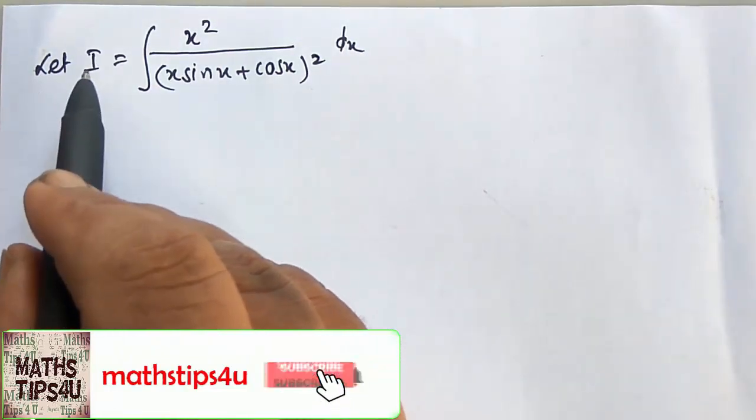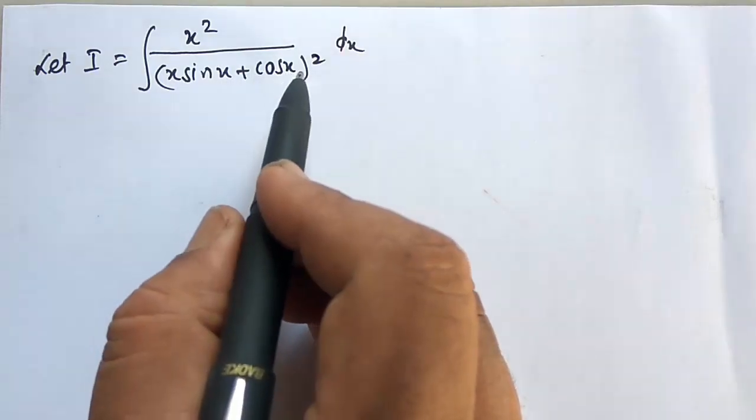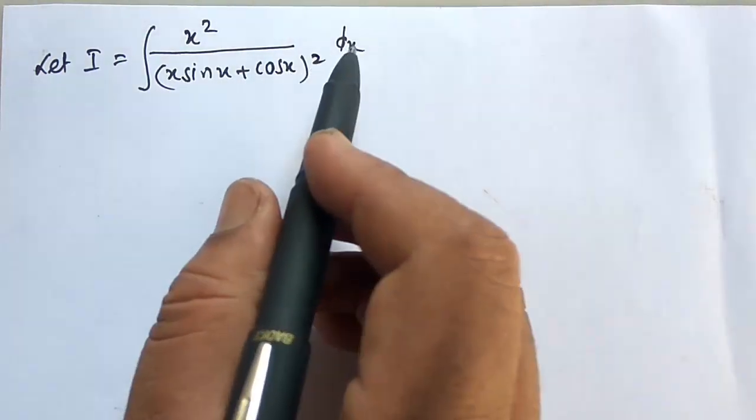Now the next example. Let I be equal to the integral of x square upon (x sin x plus cos x) whole square dx.